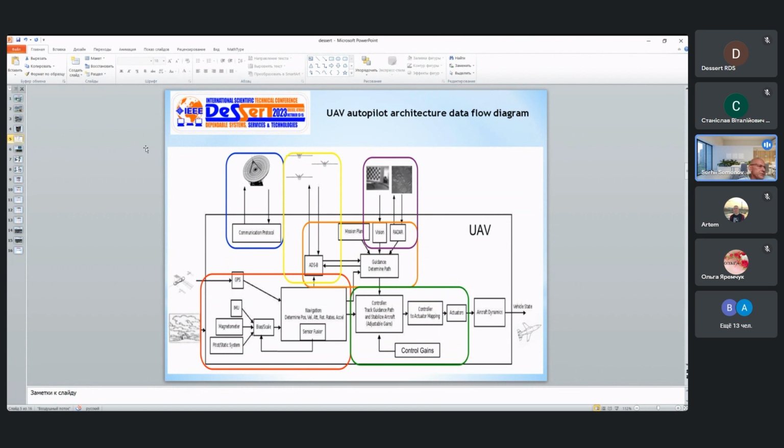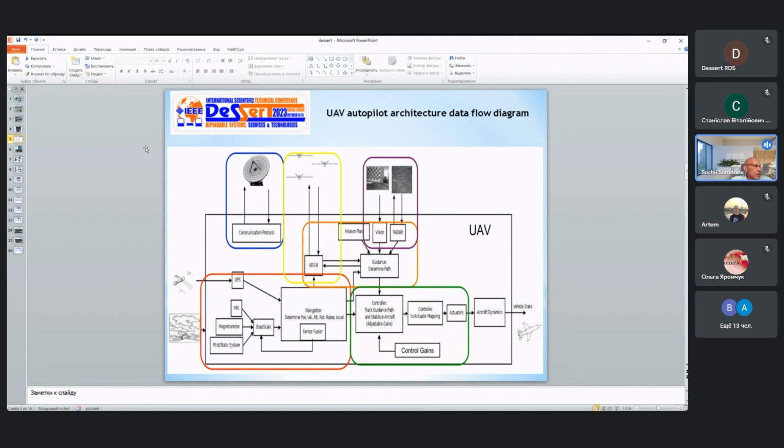In this figure, the components marked in blue represent the communication in and out of the UAV. The component marked in yellow represents the new ADS-B communication, and the component marked in purple represents the sensors that can aid the guidance of the UAV.